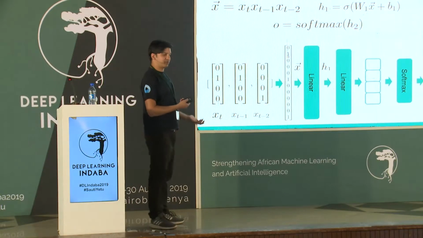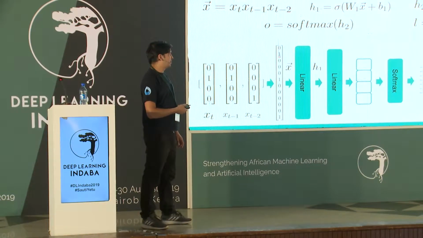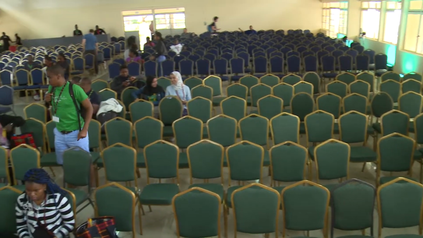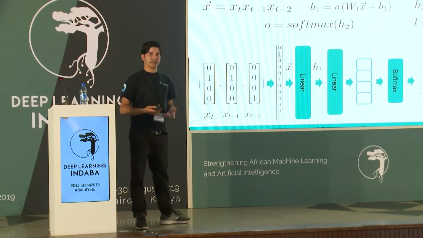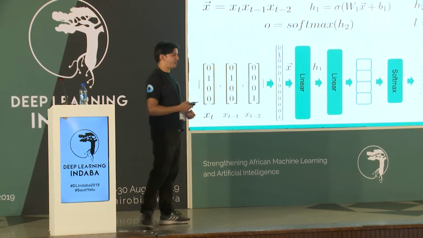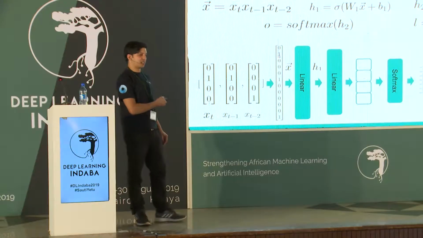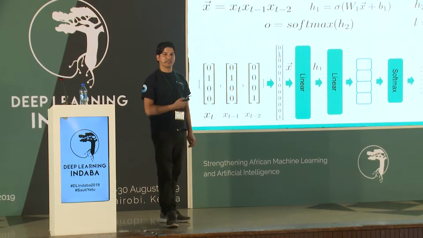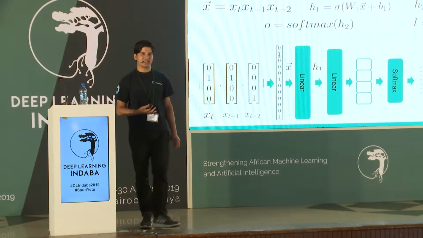And now, for example, this feedforward network is saying the next observation is not very likely to be an A, quite likely to be a G, somewhat likely to be a C, and maybe not likely to be a T. Now, in order to assess how good that prediction was, we need to compare it to a target using a loss function. Here we just use the cross-entropy loss, and then we use backpropagation to update the weights of the feedforward network so that it improves its predictions the next time it sees such an example.